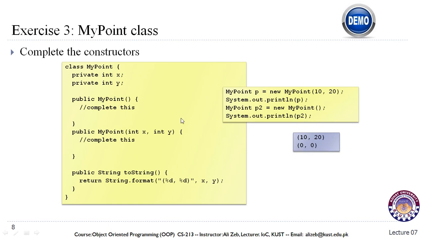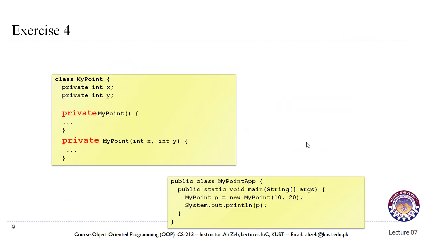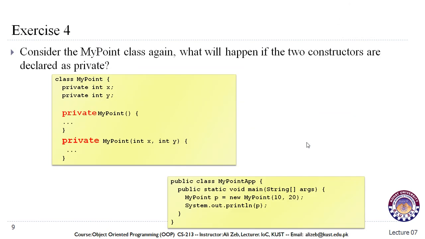So you can use this keyword here by passing 0, 0 to this constructor, and this would give you this object. Maybe you can try it and see what the output you can get with this code. Similarly, consider the same class and try declaring the constructor as private, and you should see what happens with the code.